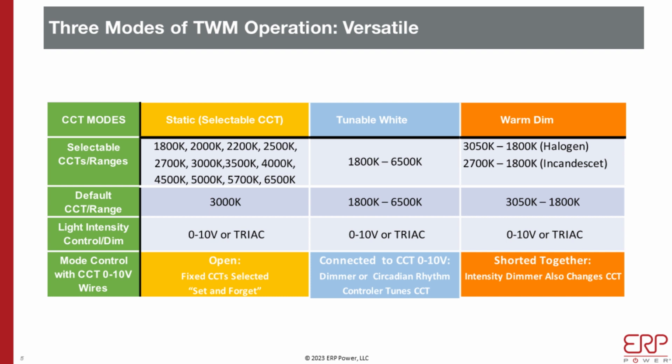And the way it's done is by shorting the CCT lines. So this is like forcing it into warm dim mode, but for all practical purposes, I suggest not doing this, because once you put it in this mode, it's hardwired, and in the field you're not going to be able to update it by Bluetooth or programming.